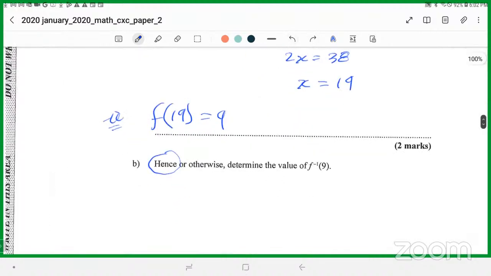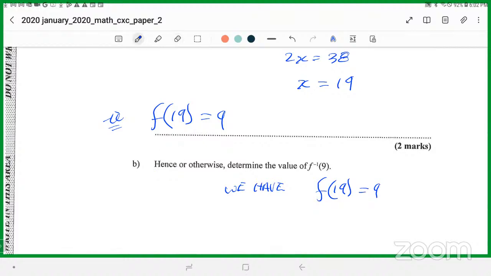Now they want you to find f to the minus 1 of 9. So starting with this statement, we have f of 19 equals 9. We're doing it the hence method, always easier, quicker.